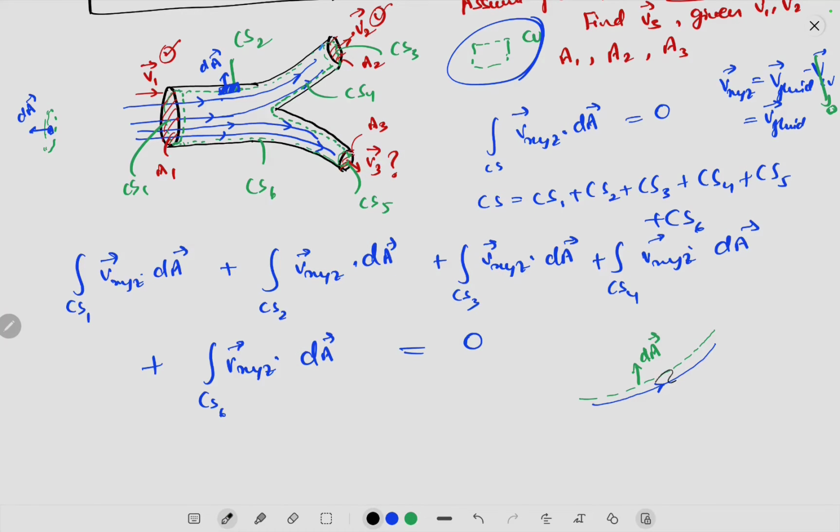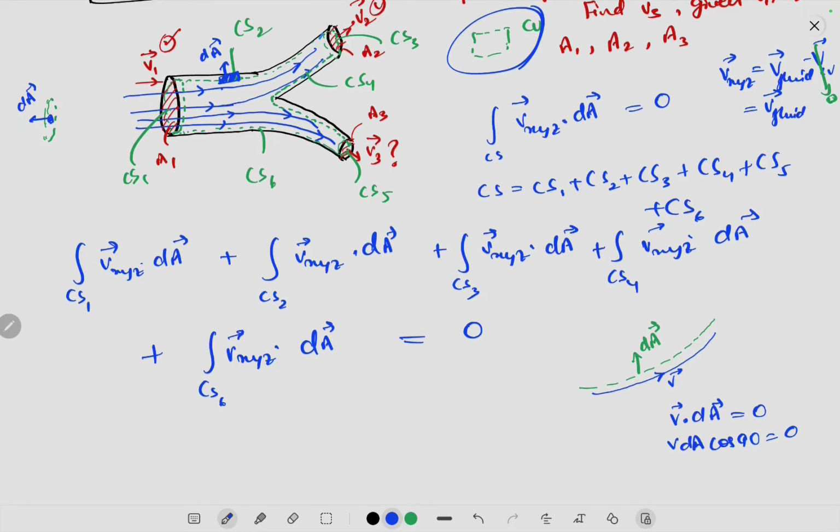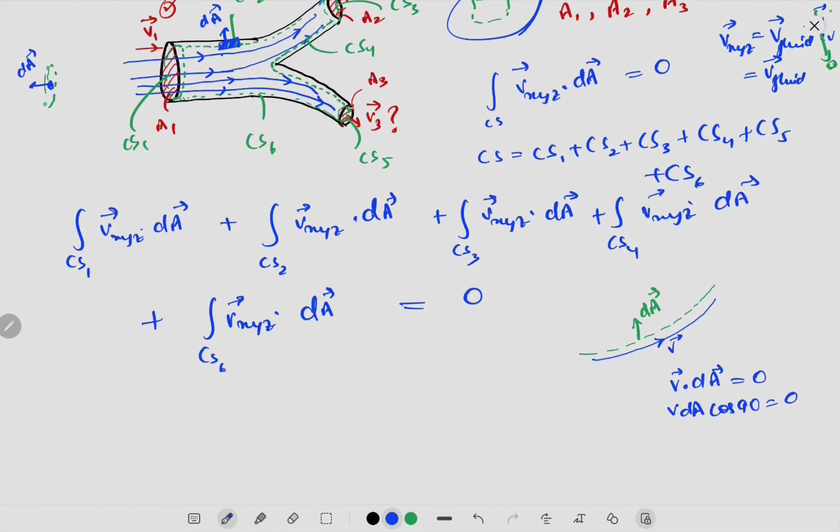So this is your v vector. V vector dot dA vector is 0, right? Because the angle between v vector and dA vector is 90 degrees, so that's why V dA cos 90 becomes 0. Now the similar argument I can give for CS4 as well.